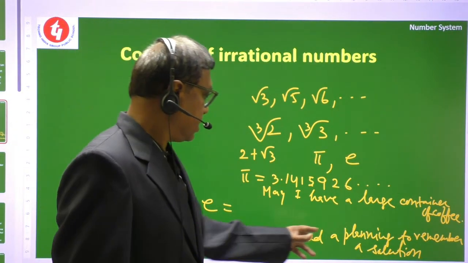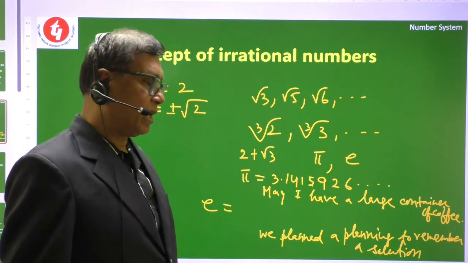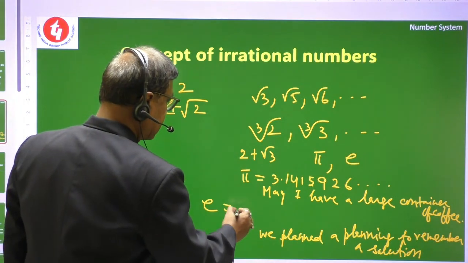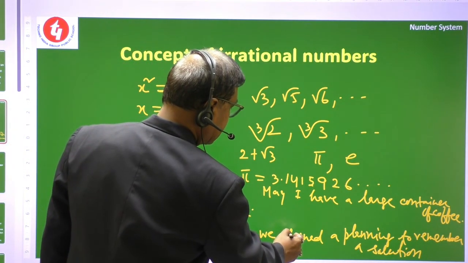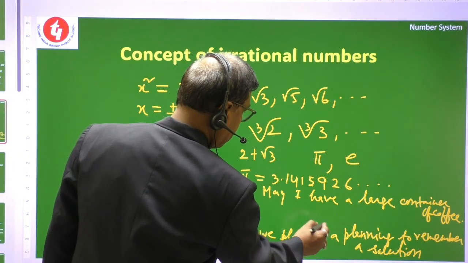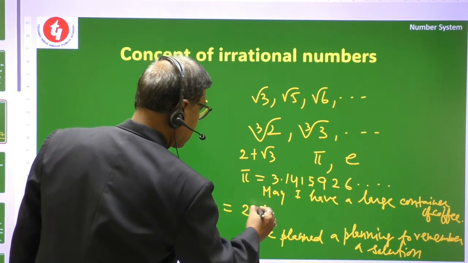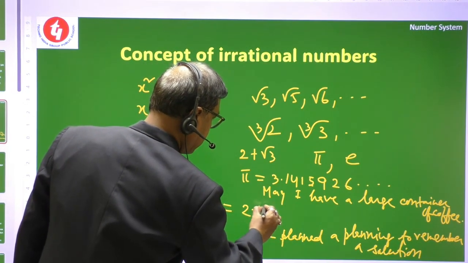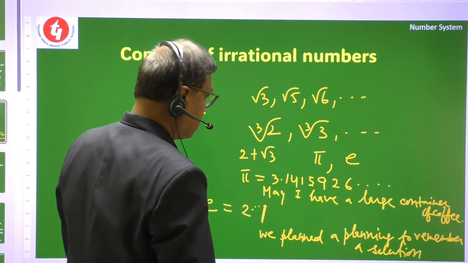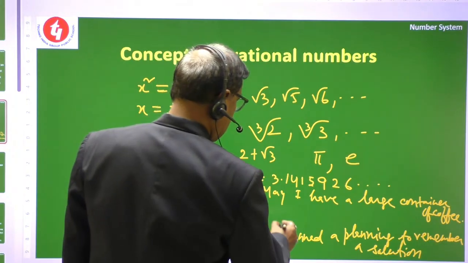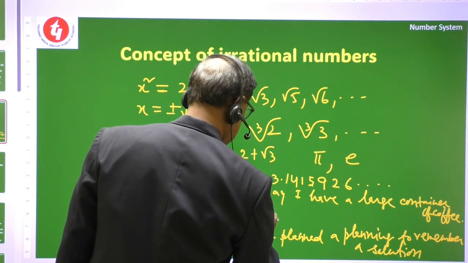If we know this sentence, then easily we can write down the value of e. How? We means 2 letters, so 2 point. Planned means count 7 letters, so 7. Then a means 1.